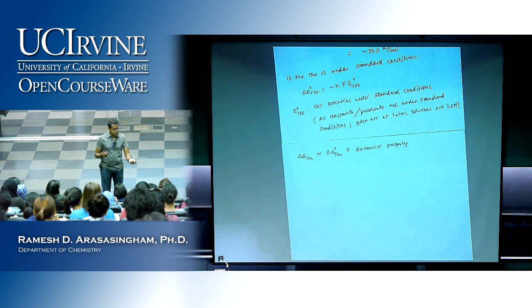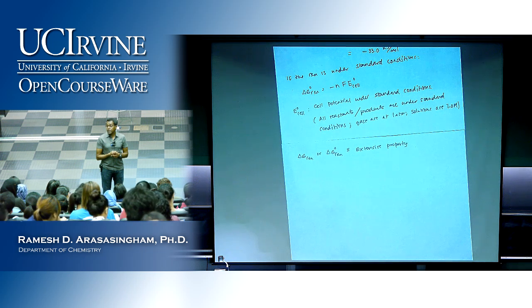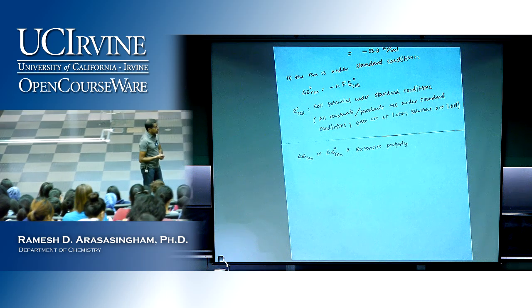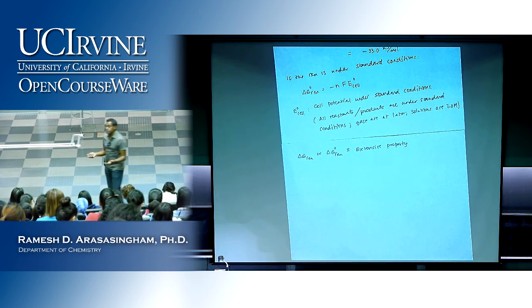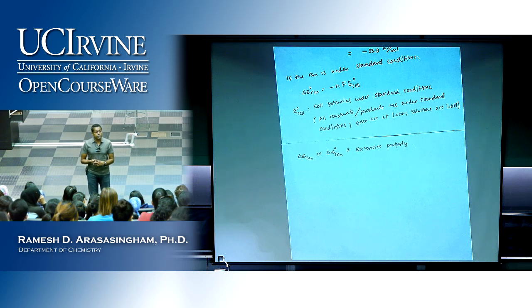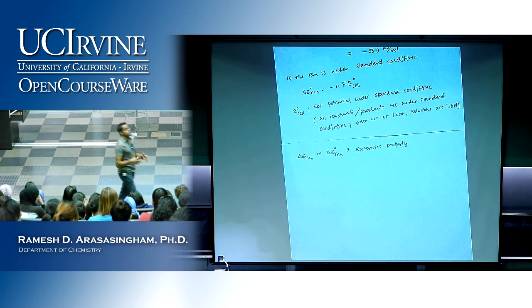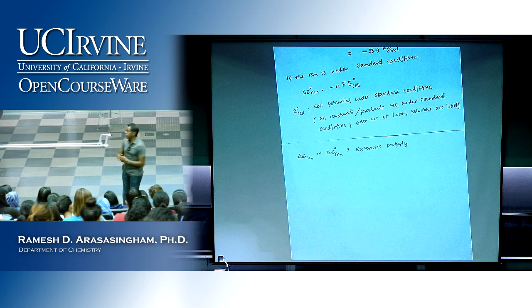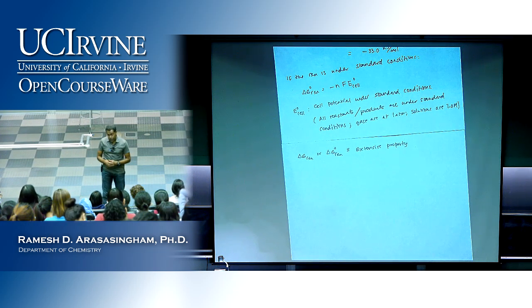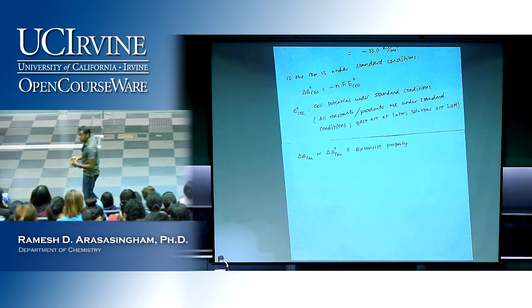Who remembers? It depends on quantity. It depends on the amount of substance. Remember, an extensive quantity is like mass. If you double the amount, the mass doubles. If you double the volume, the volume doubles. An extensive quantity is any quantity that depends on the amount of substance. So if you double the amount you're using, then delta G would double. If you triple the amount, delta G would triple. Same thing with delta H or delta S.